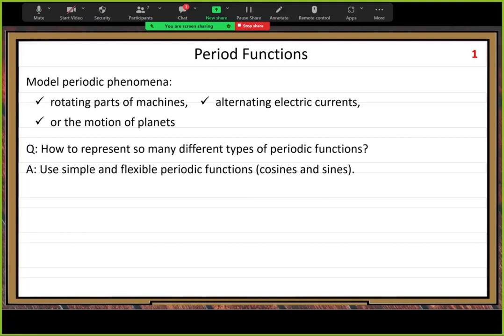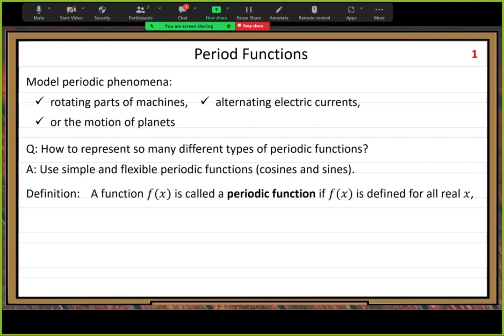All right, so let's look at the definition of a periodic function. A function f of x is called periodic if f of x is defined for all real x except possibly at some points. Later we will see why we always say except possibly at some points.